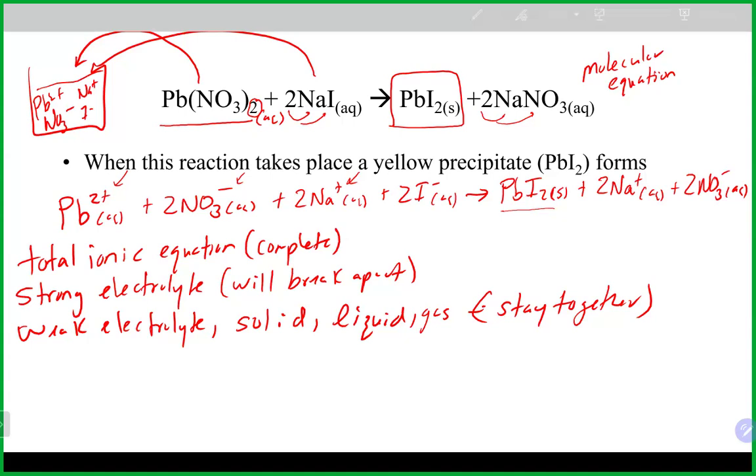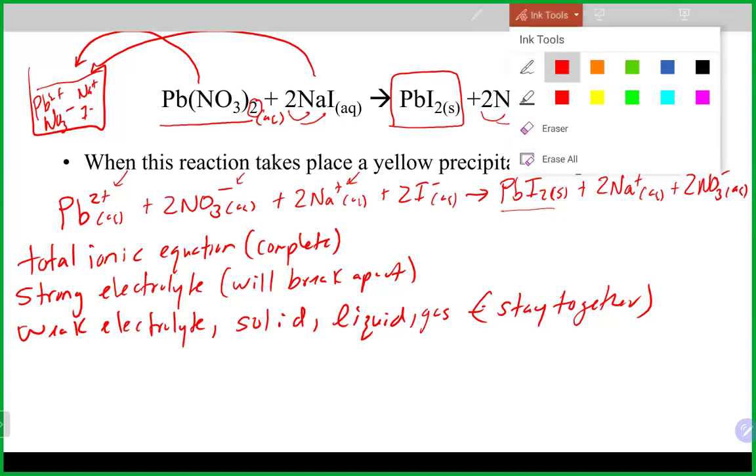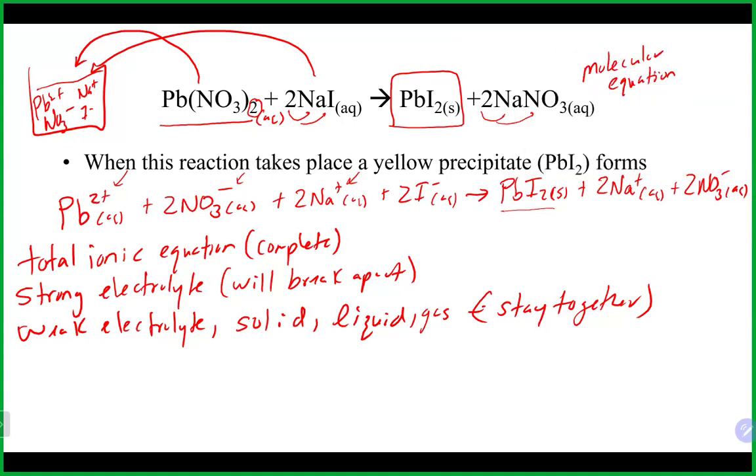Now, when we look at the total ionic equation, you should be able to find ions on both sides of the arrow that are exactly the same. If we look at this equation, I see 2 nitrates and I see 2 nitrates. Those are exactly the same on opposite sides of the arrow.